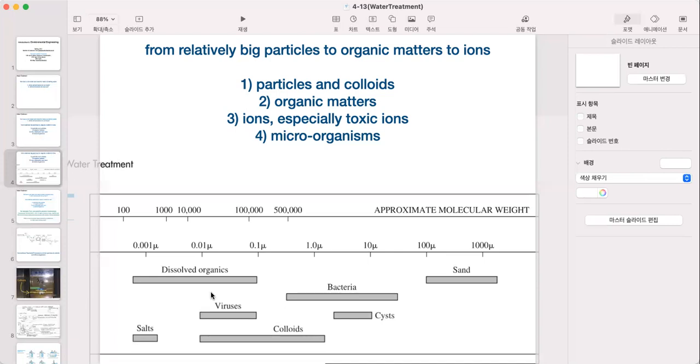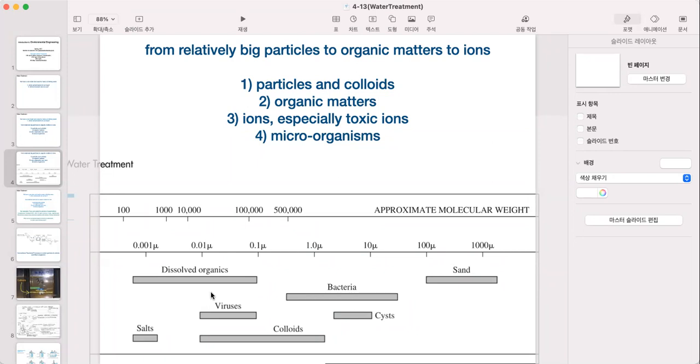Electrostatic interactions. Okay, negative charge can be used to remove some contamination, including virus, colloid, and dissolved organic matter.